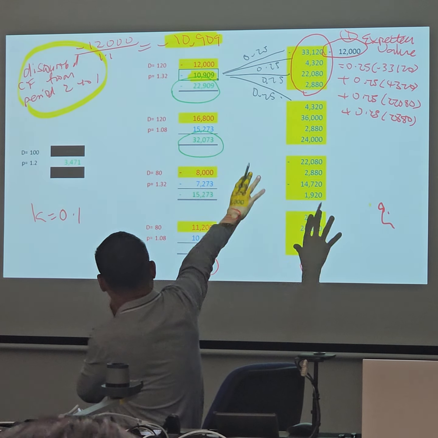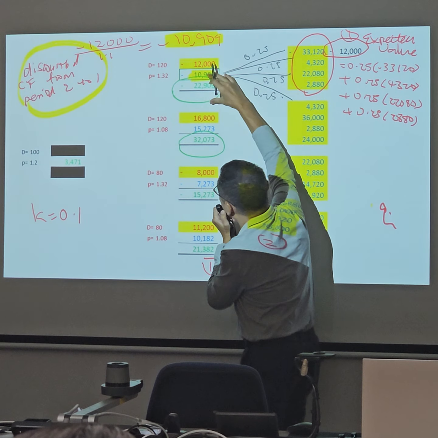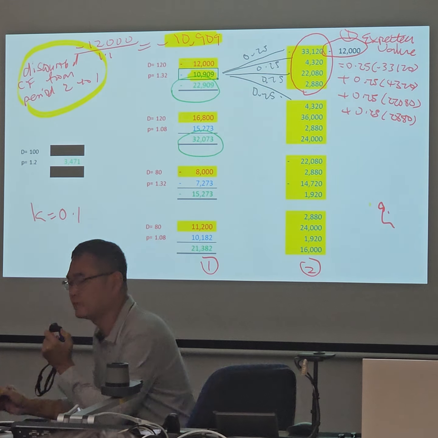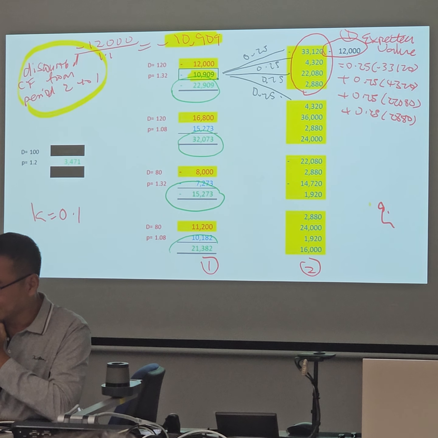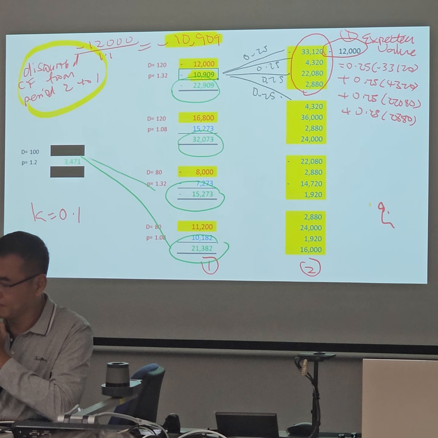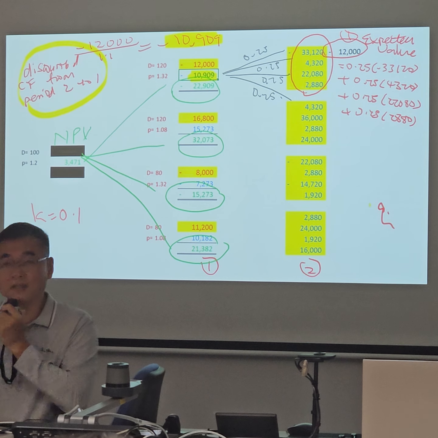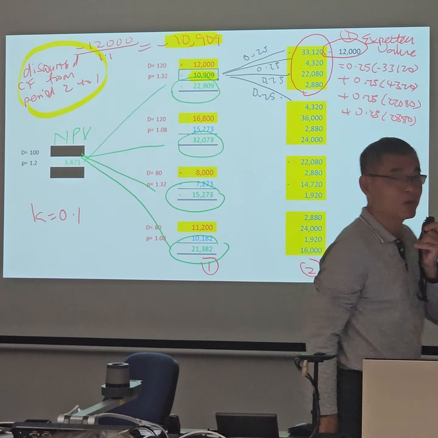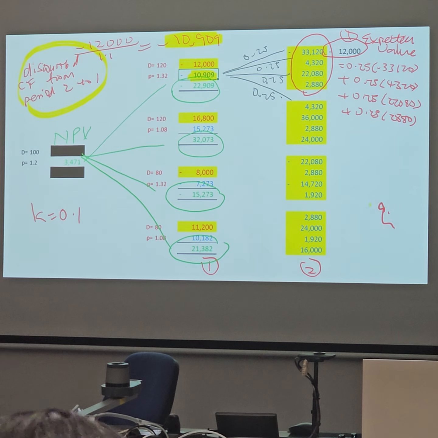You collect these, so period 2 you don't care already, because you took the expected value, so you have 4 cash flows in period 1. We bring it back to here, and this is called NPV. Understand? How to bring it back to here? Anybody? Step 1 do what? Expected value. Step 2 discount.